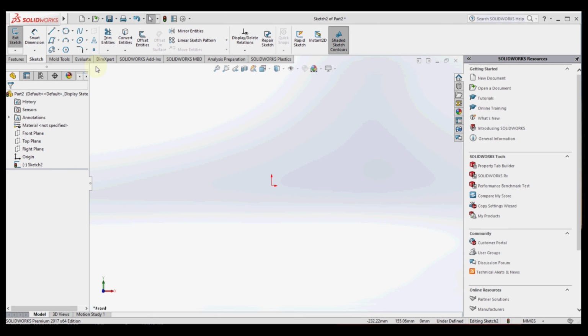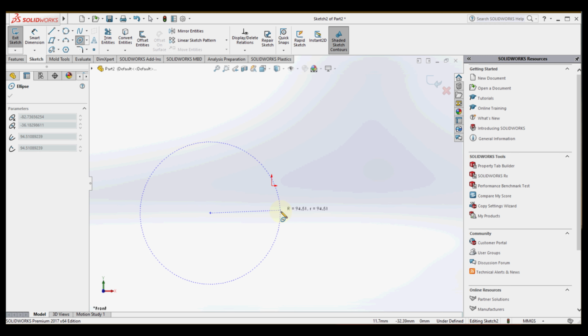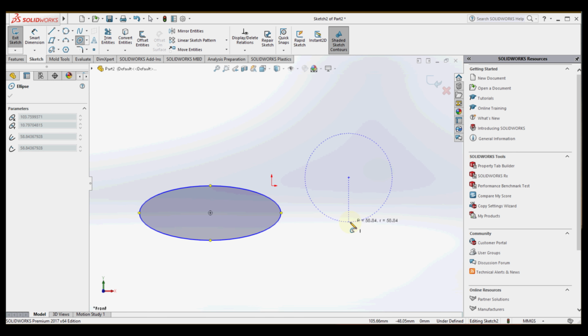The next topic is about ellipse. Inside ellipse there are 4 types. Basic ellipse is generally drawn by placing the maximum and the minimum radius. Partial ellipse is similar to that, but instead it allows us to draw the ellipse up to a certain portion only.